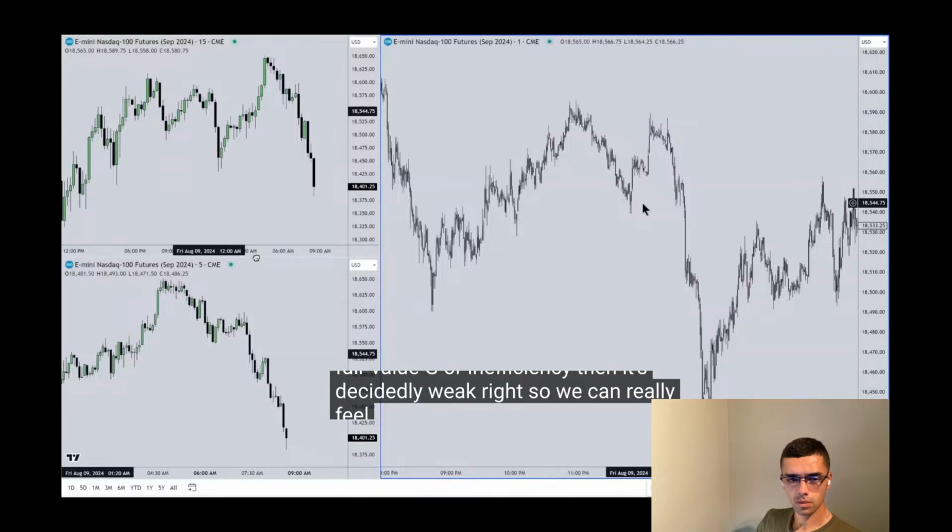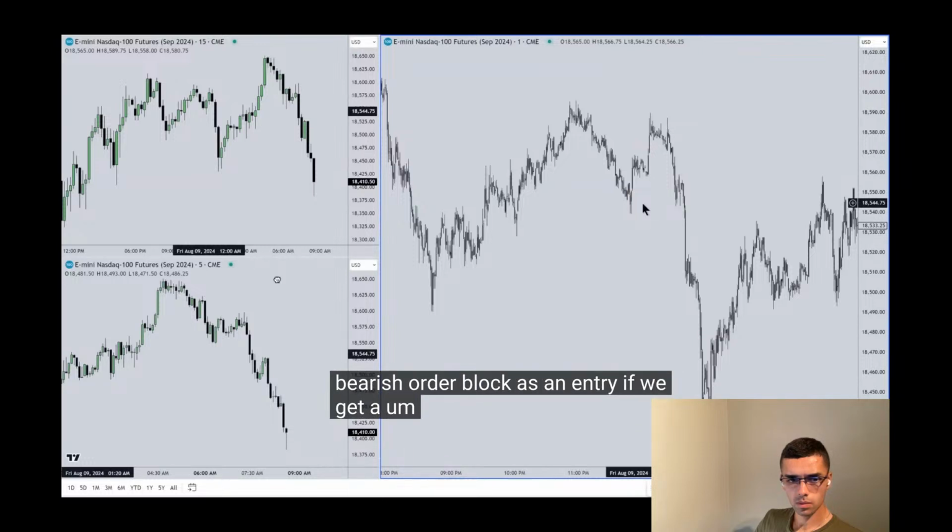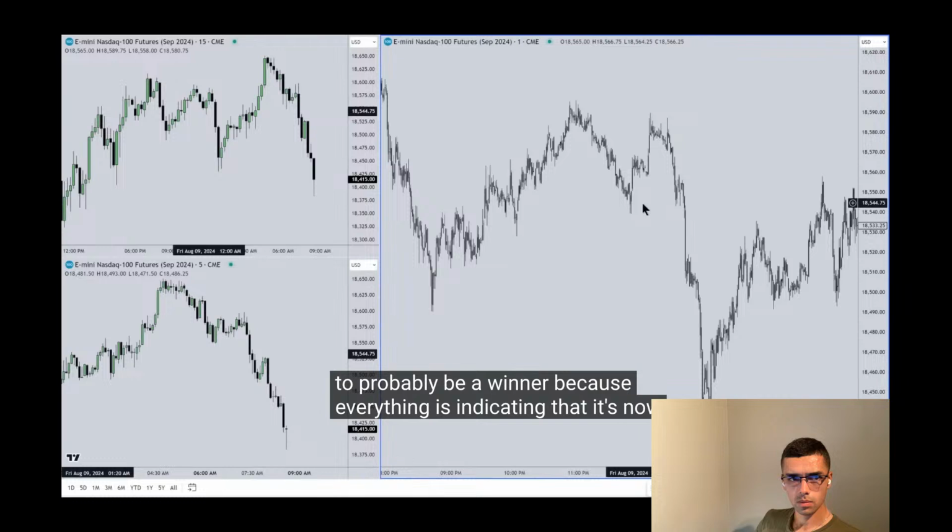So we can really feel confident that if we take another bearish order block as an entry, if we get a fair value gap after that one on a 15-second chart, it's going to probably be a winner, because everything is indicating that it's now going to be moving one-sided, decisively lower, because it can't even trade up to a PD array.